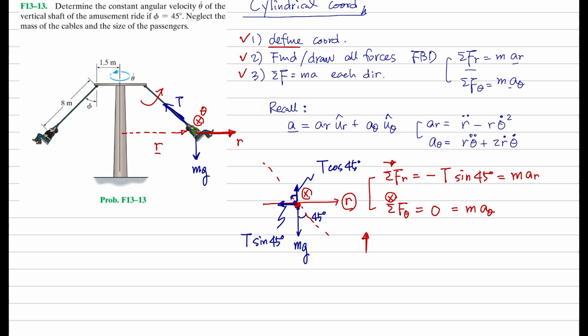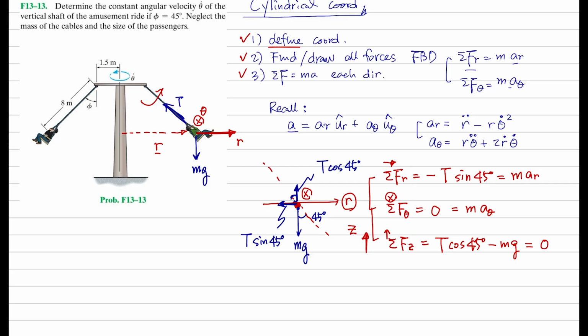And shall we call this the z-axis maybe? So along that z-axis, which is going up, that's my positive direction. We have T cosine 45 degrees minus mg. And in this case, this is going to be 0. So now we have three equations.